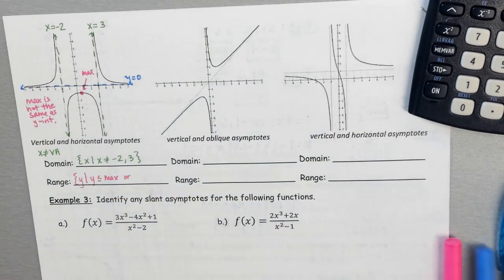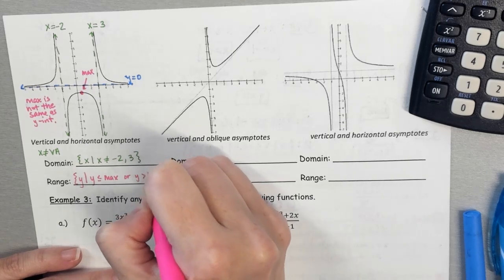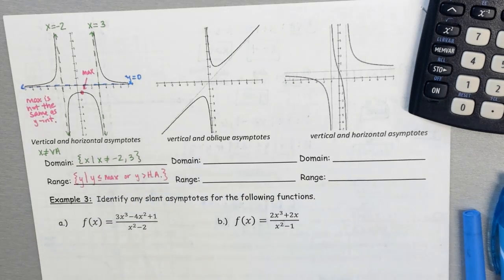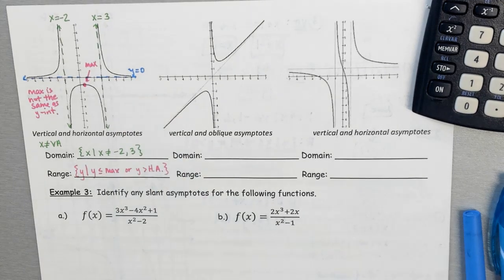So it has to be greater than the horizontal asymptote. In this case, we do not know what the maximum value is. In this case, you would put y is greater than 0, but it doesn't have to be 0. So we're just going to write out what that is in standard form.